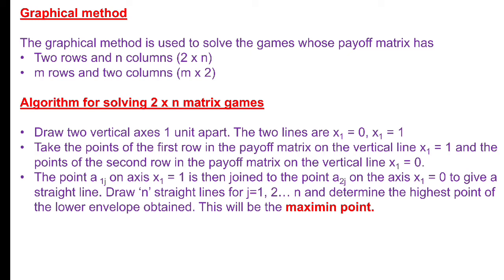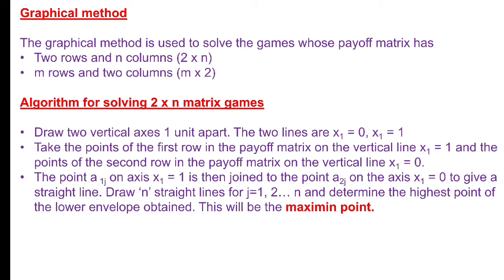It gives you a straight line. One point on one side is joined to another point on the other side, making a cross line. Draw the straight lines for j equal to 1, 2, 3 and determine the highest point of the lower envelope obtained. This will be the maximum point.